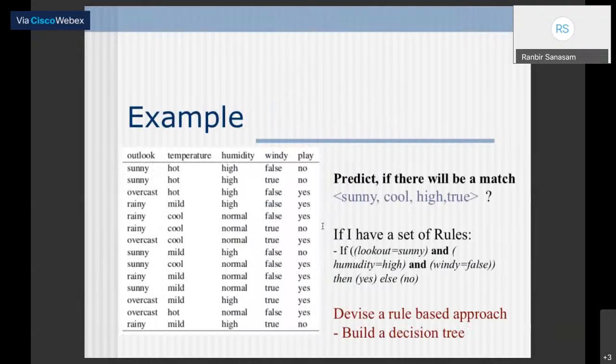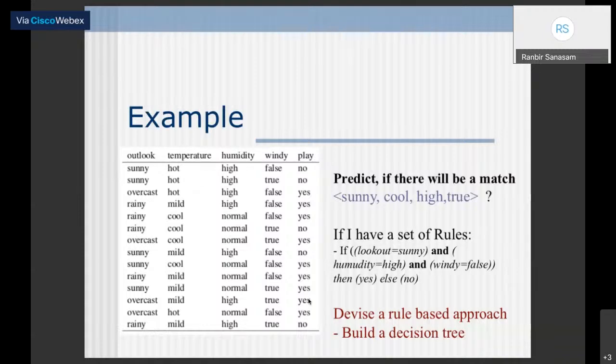Let us say this table is the example that I want to build. The first four columns are the features, and the last column is the class label. If you know the weather conditions like outlook, temperature, humidity, and windy, then I am trying to predict whether there will be a cricket match or not.